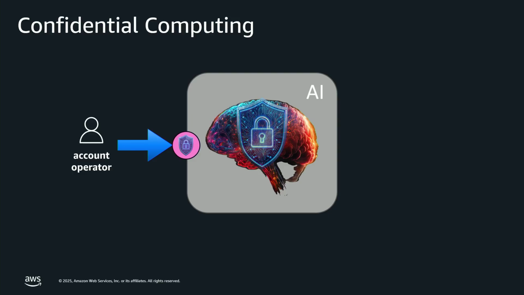Sounds very easy in a nutshell. The devil's in the details, obviously, right? But the basic gist of what we're building with confidential computing here is that your account operator does not gain access into the instance, into a trusted execution environment that is actually executing your sensitive workload.